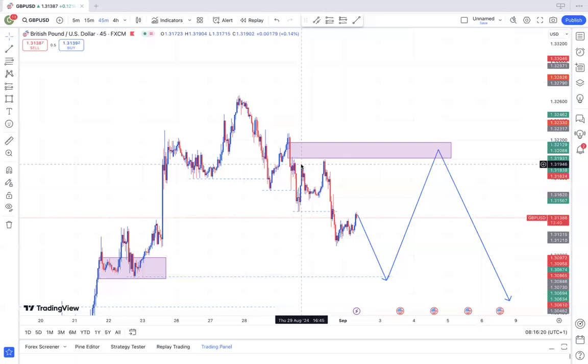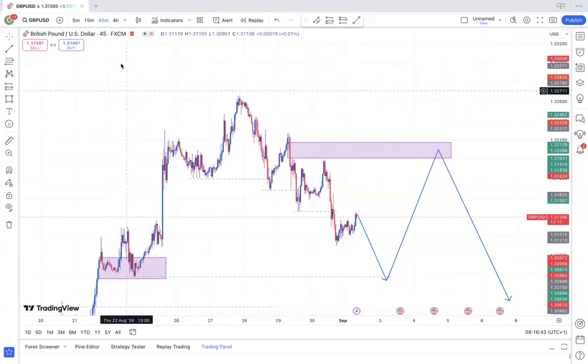Are you guys understanding what I'm saying there? So if it doesn't sell from that area, we would be expecting the continuation of the buys. Are you getting what I'm saying at all? So that you get the picture in your head.